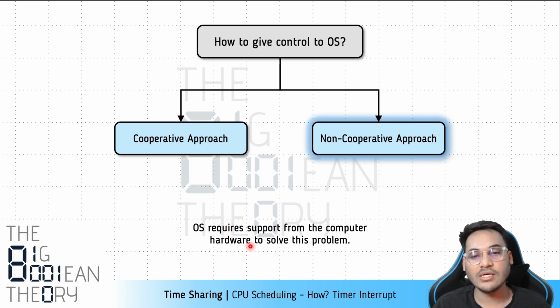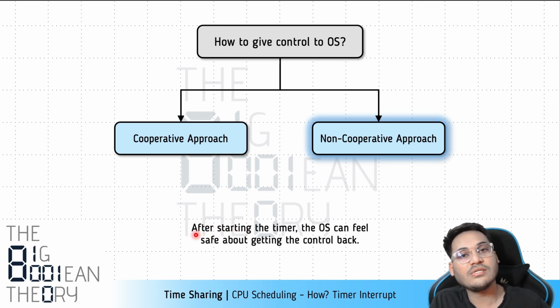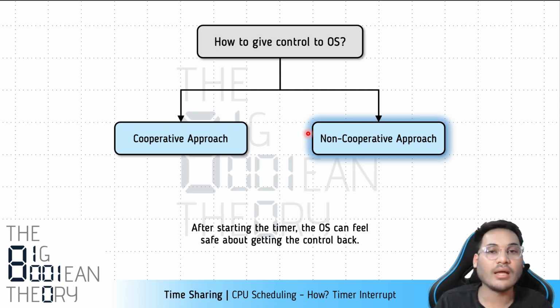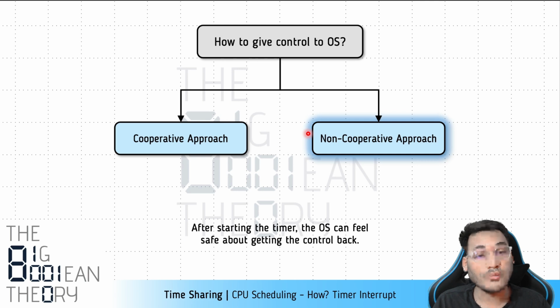The computer hardware here is the timer device. Once the operating system has started the timer, it can feel safe that it will eventually get the control back. This was not possible in the cooperative approach. So this is how the timer device, a hardware support, solves the problem of getting back the control of the CPU to the operating system.